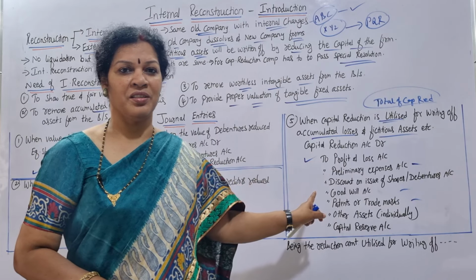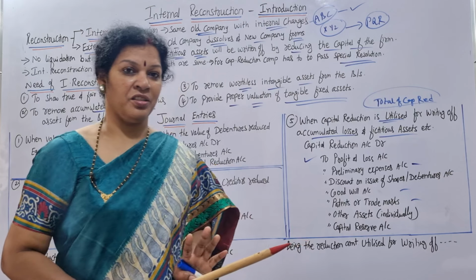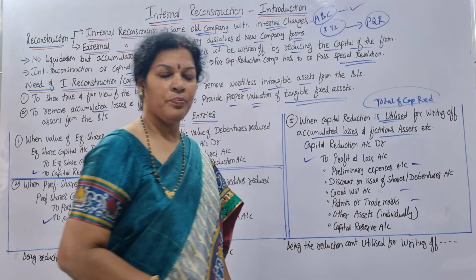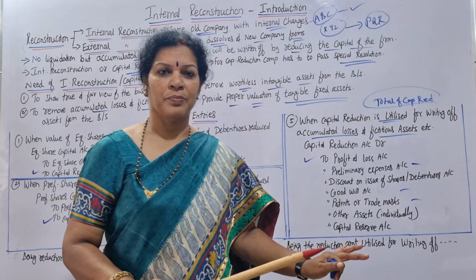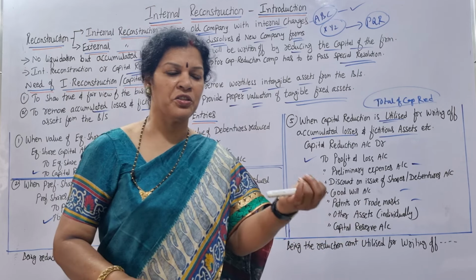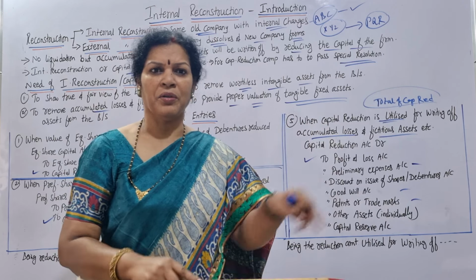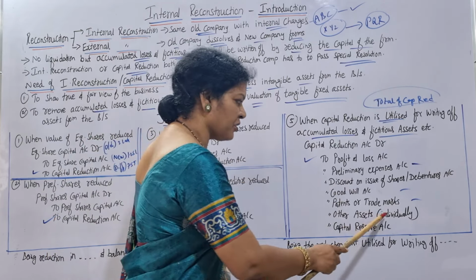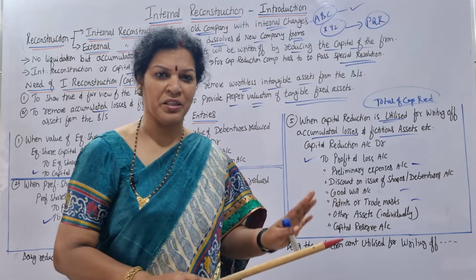This is a loss. So we are writing off the accumulated losses and fictitious assets, and also other assets. What are the other assets? Tangible assets, fixed assets. When you are reducing them, machinery reduced, building reduced, like the depreciation we used to do. Those other assets you have to write individually, to machinery, to furniture, whatever is given in the problem.